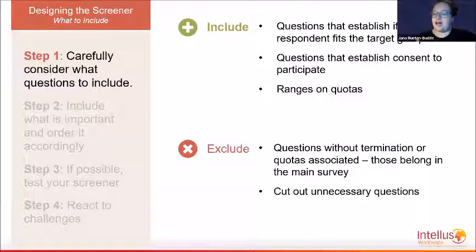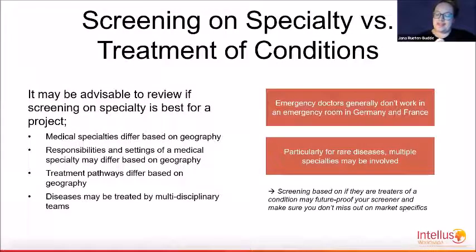For example, asking respondents if they took part in an MR survey in the past year. If you don't need that info for your analysis and it's not required, it's best to streamline at that point and just remove it.